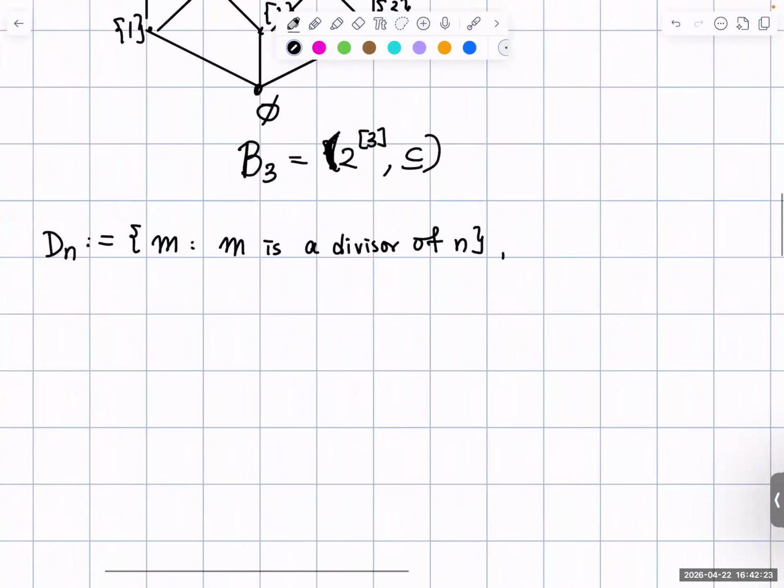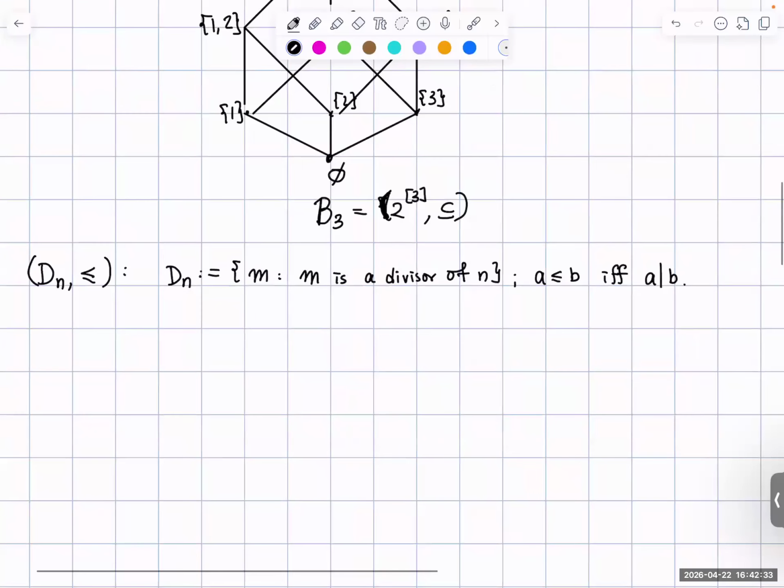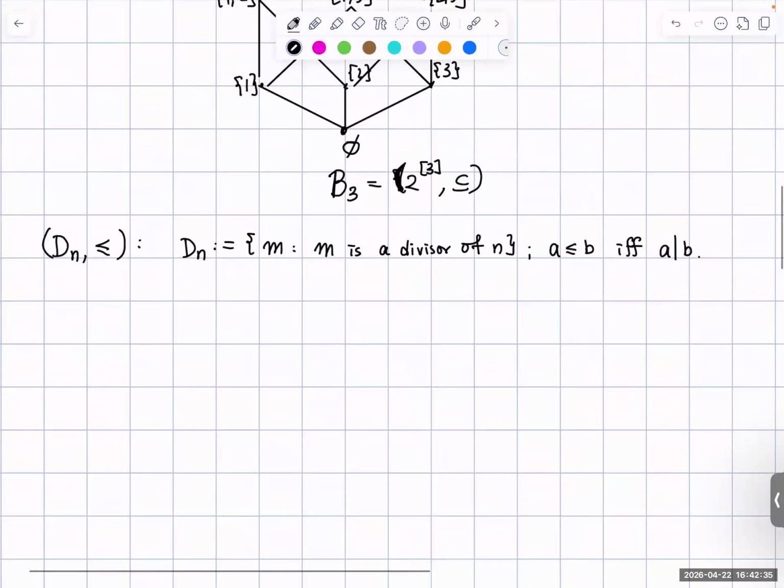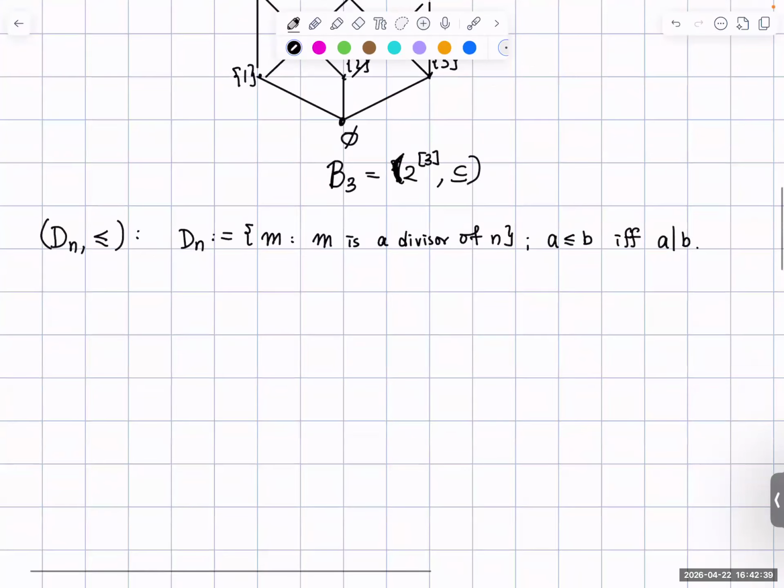And then we say a is less than b if and only if a divides b. That just means that b is a multiple of a. So let's look at an example, say, if we have 90.